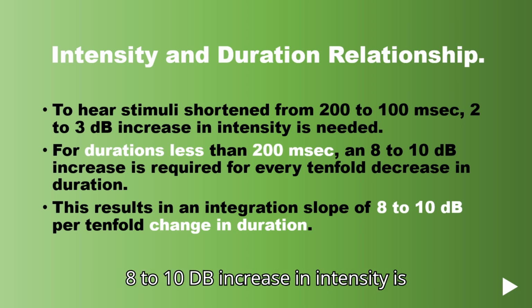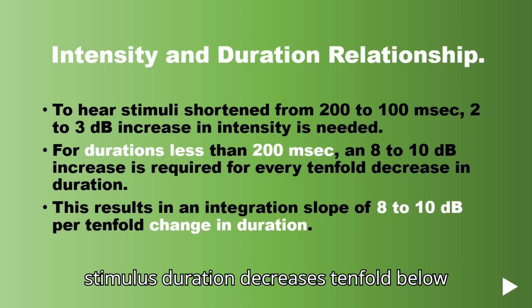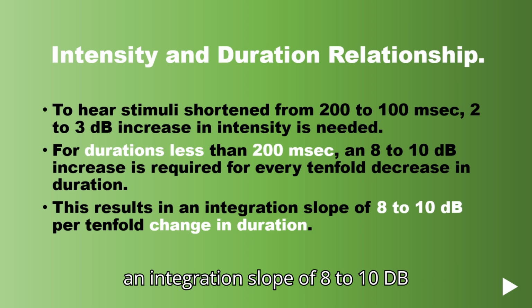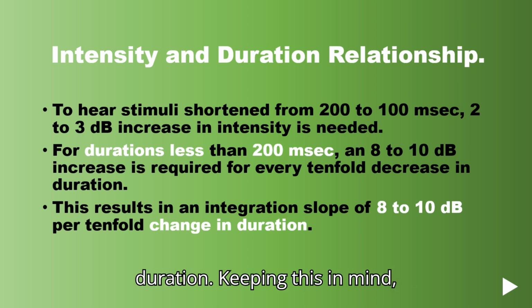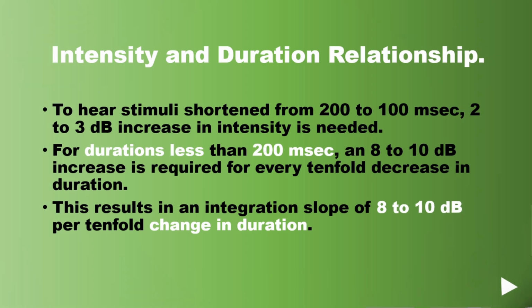Consequently, an 8 to 10 dB increase in intensity is needed for threshold response as the stimulus duration decreases tenfold below 200 milliseconds. This will result in an integration slope of 8 to 10 dB for each decade change in stimulus duration. Keeping this in mind, we can see how this concept is applied in clinical context.